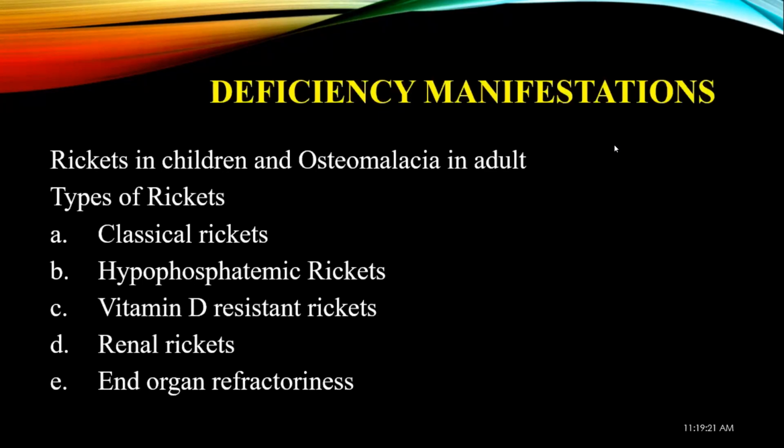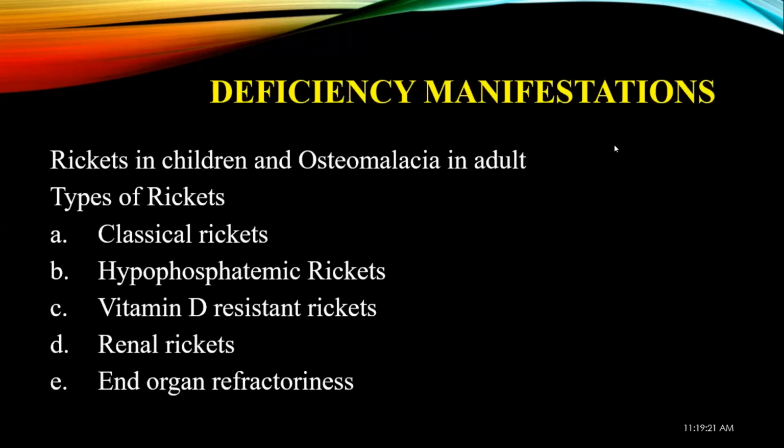So, deficiency manifestations. As mentioned earlier, the deficiency manifestation of vitamin D in children is rickets, and in adults it is osteomalacia. Types of rickets: classical rickets, where there is absolute deficiency of vitamin D, which shows rickets.